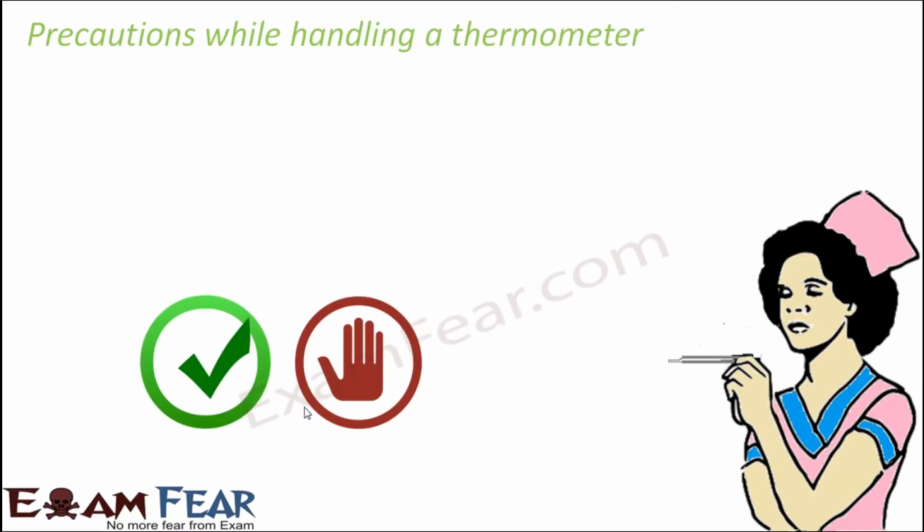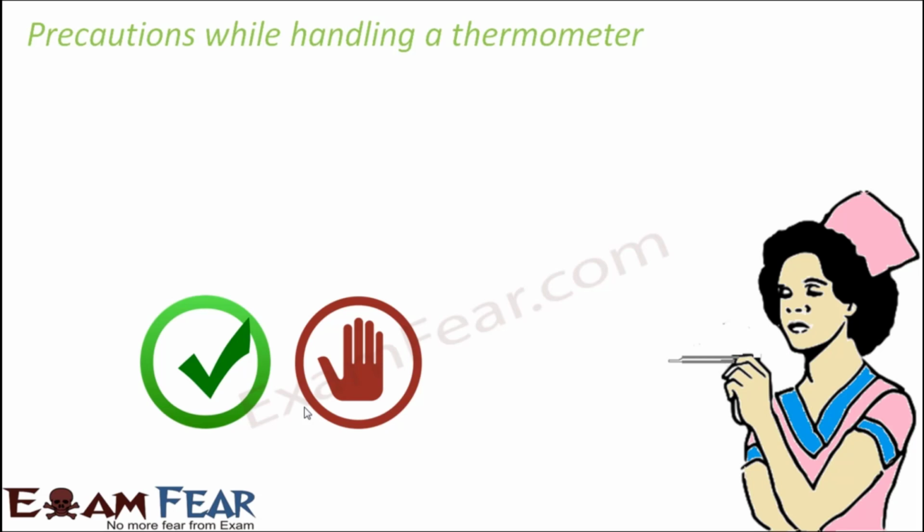Now there are certain precautions which need to be taken while we are handling a clinical thermometer. First of all, whenever you have to measure temperature, you have to place the thermometer on a person's body, preferably under the tongue or under the arms. And then you have to keep the thermometer there for approximately a minute.